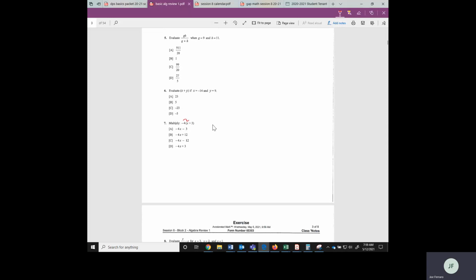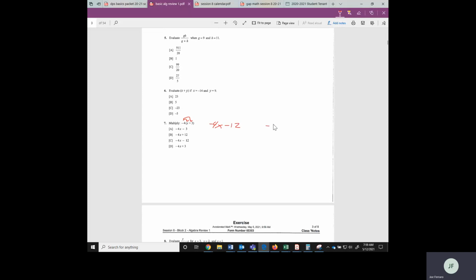So -4 times x is just written -4x. Okay. Then we take what's on the outside and multiply it by the next term. So -4 times a plus 3. Now negative times a positive gives you another negative. And 4 times 3 is 12.